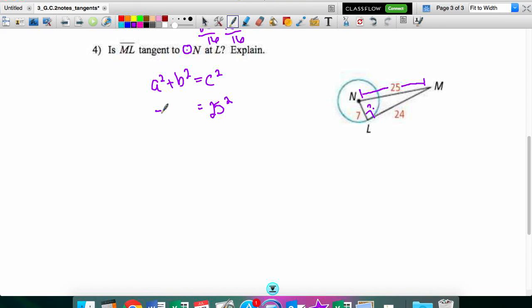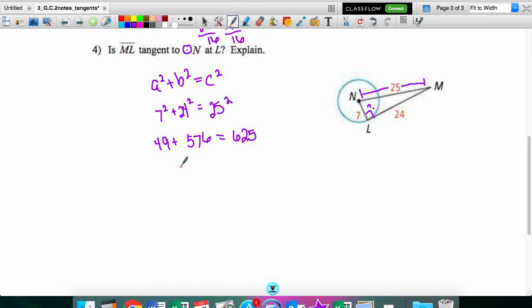And that leaves our 7 and our 24 as our a and b. Simplify the left and the right and see if they're equivalent. So 7 squared gives us 49. 24 squared, I've calculated ahead of time, it's 576. And 25 squared is 625.